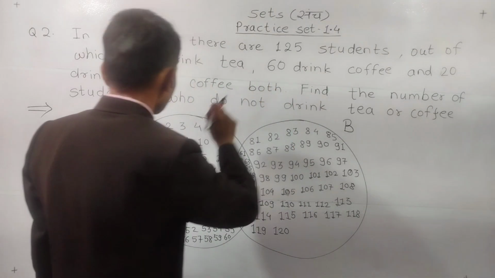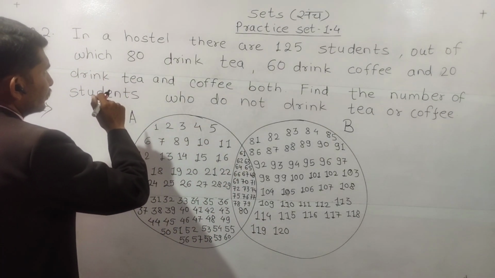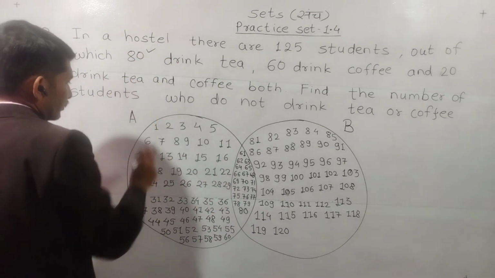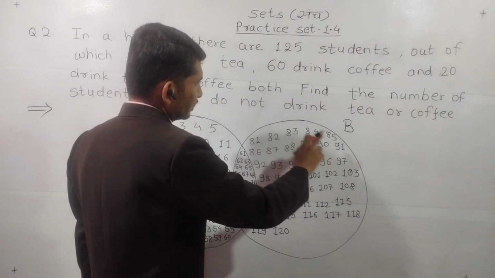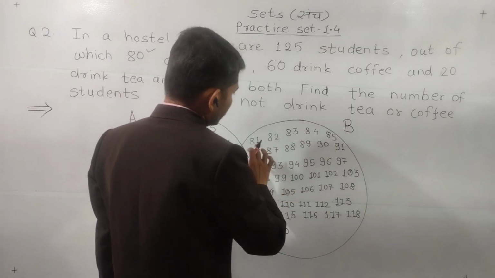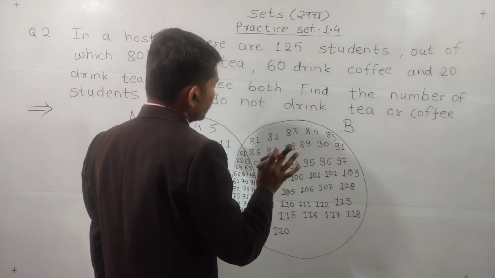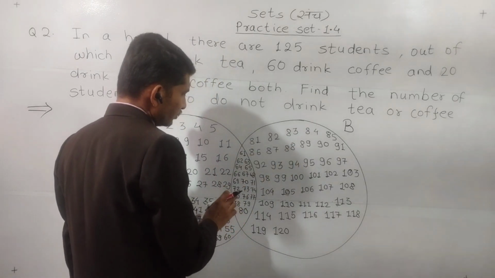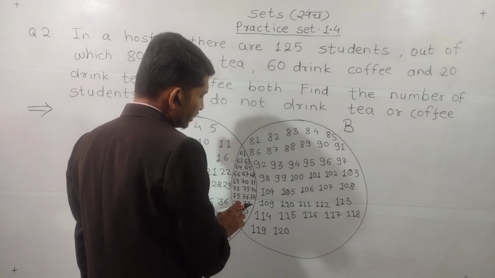Means that see here, in set A, the students we have taken who drink tea are 80, from 1 to 80. And in set B, the total students must be, sorry, 60. From 81 to 120, a total of 40 students are there, plus the students who are drinking coffee as well as tea, whom we have taken in the intersection.